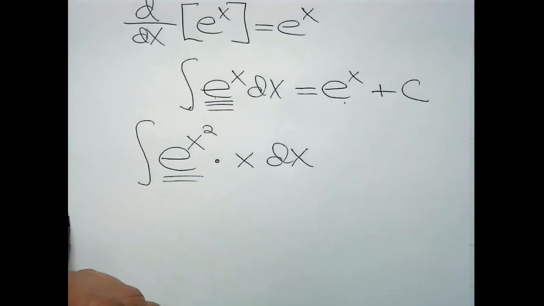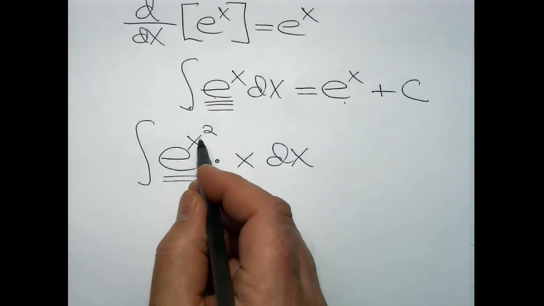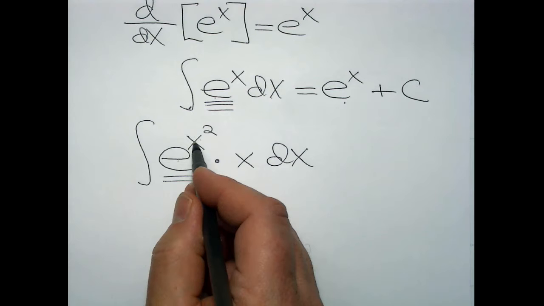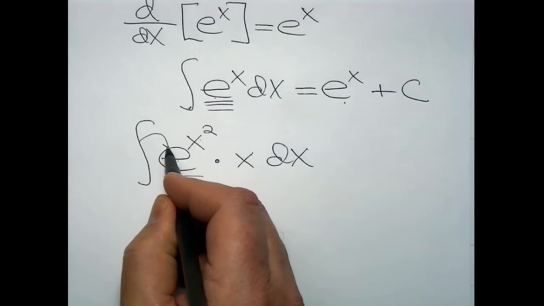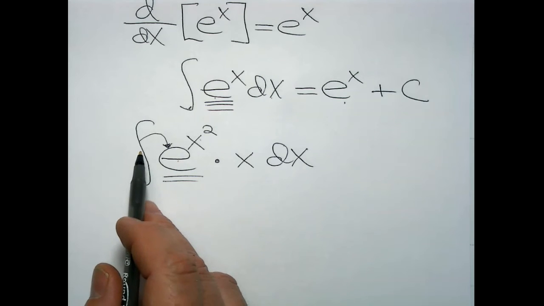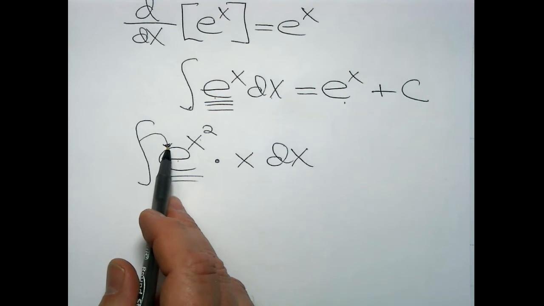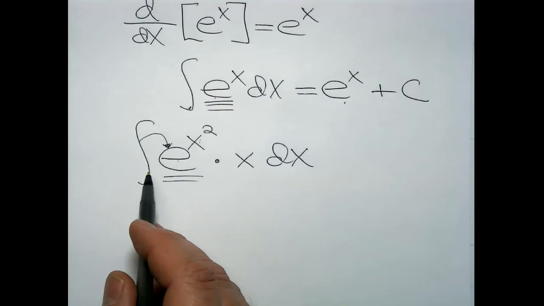You might say, I have a complicated function, a composite function. And typically what happens is the outer function gets integrated and only the outer function. So I think of the integral symbol as staring at this e and saying, e for easy, the answer is e to the x squared. There's nothing more to do here.